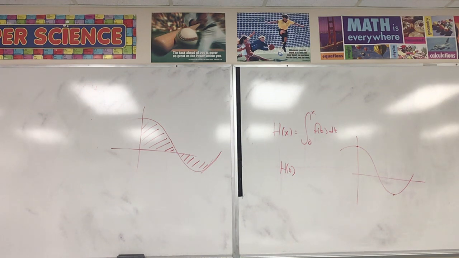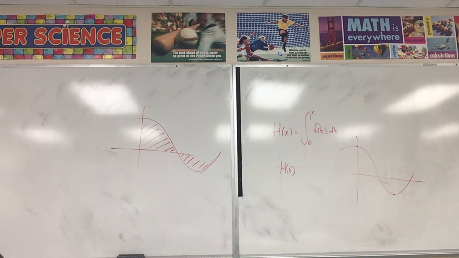What am I looking at? I'm looking at both areas that I have. What is the area from 0 to 6? Positive. What's my area from 6 to 12? Negative. What do they do to each other? They will cancel each other out, right? Now we would get 0 if the areas were what?